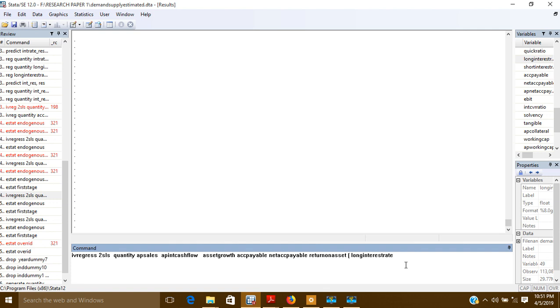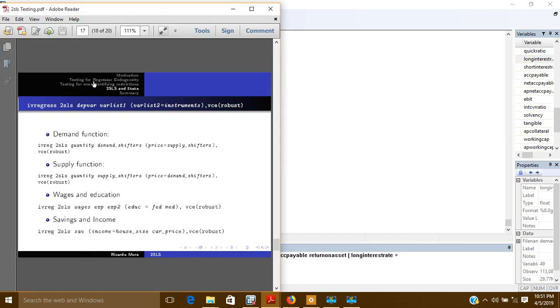And for the endogenous variable I will have to write some instrumental variables. The instrumental variables will be the variables which are taken as exogenous variables in the supply equation. I can show you here in this PDF file. Here, first of all, for quantity I will write the demand shifters.